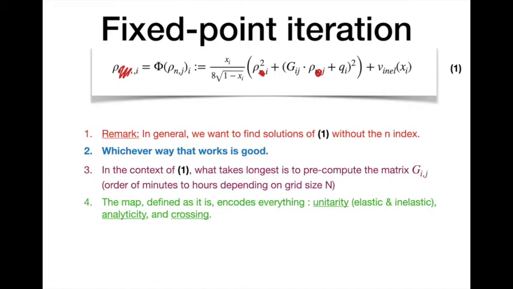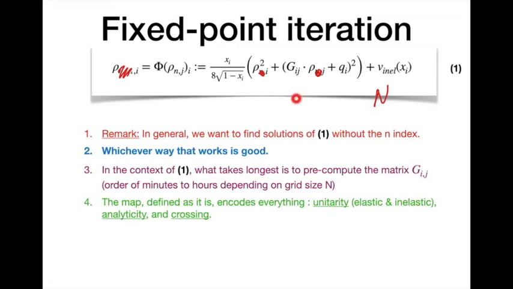Any method that gives you a way to solve this system of capital N coupled quadratic equations is good. Fixed point is the basic thing. You apply the map over and over. Fixed point is what Atkinson suggested. But we also did Newton's method, which ended up being more powerful than fixed point. You could come up with a machine learning solver for this. It would also give you a solution. So any method that works is good.